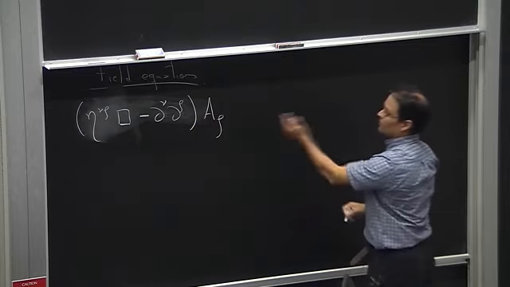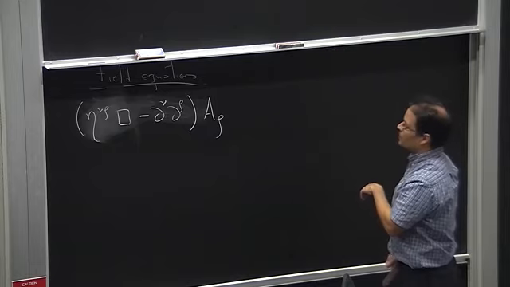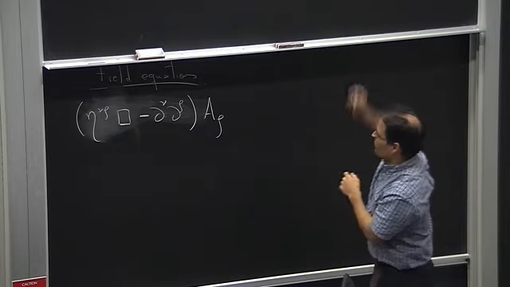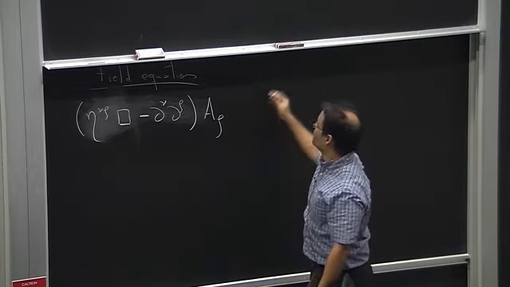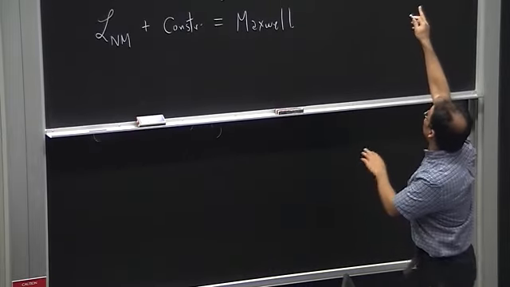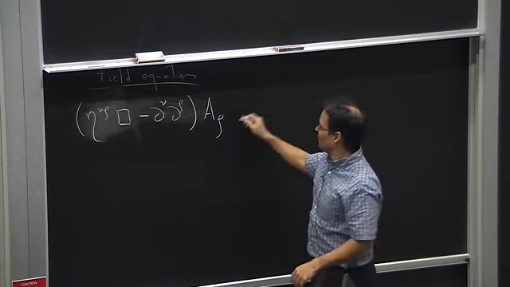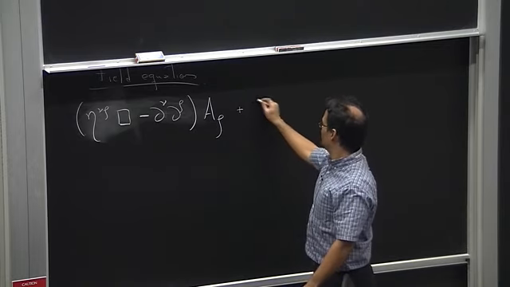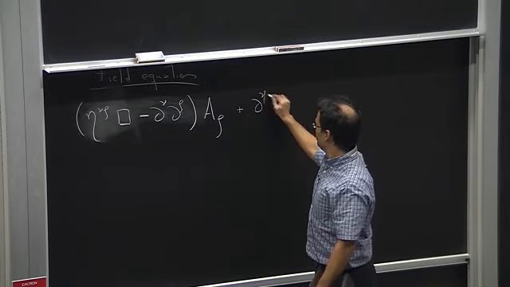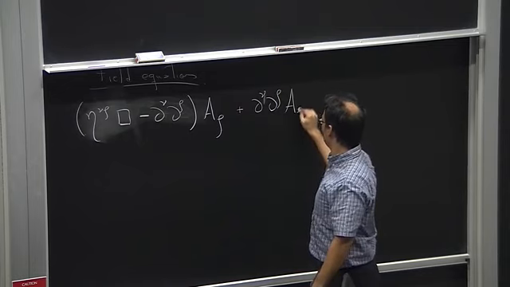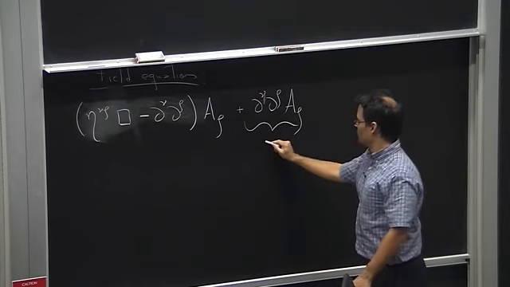these are the pieces that came from the original Lagrangian. Then the piece that we're going to get from the new Lagrangian actually happens to be, and that's why lambda equals 1 is a nice choice, guess what's going to happen? We're going to get something that looks like plus this, coming from the new term.